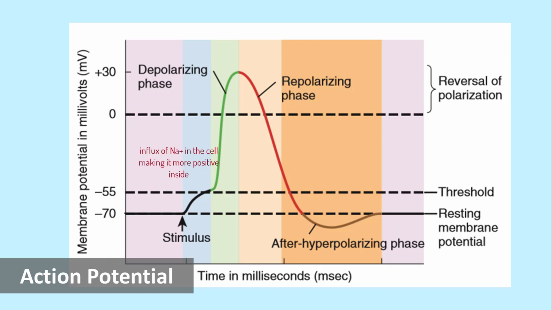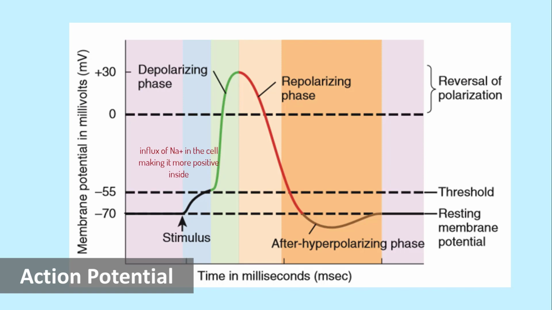Afterwards, sodium channels will open, then we are going to have full depolarization. That is when sodium rushes into the cytosol and the inner membrane will change from negative to positive. So the inflow of sodium changes the membrane potential from negative 55 millivolts to positive 30 millivolts.